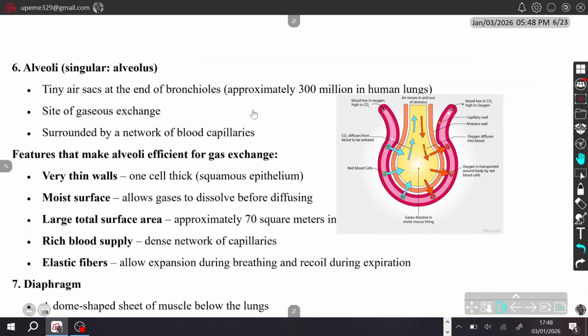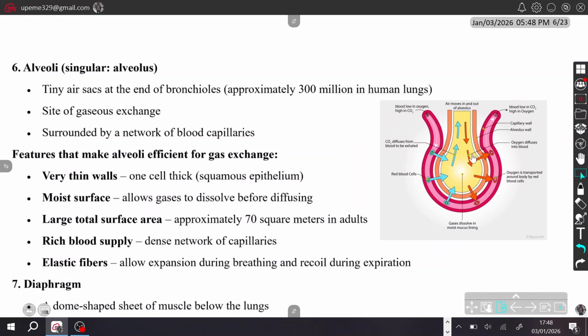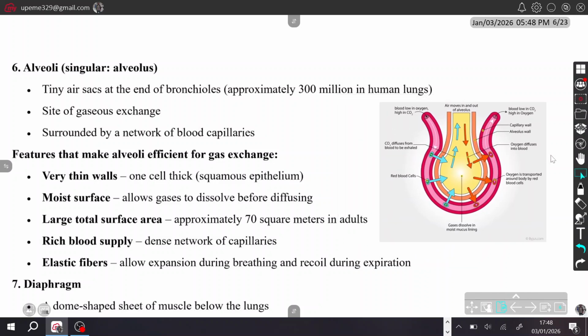Alright, so this is the alveoli. So this alveoli is attached to the bronchioles. The alveoli, plural, singular alveolus, are tiny air sacs at the end of bronchioles, approximately 300 million in human lungs.